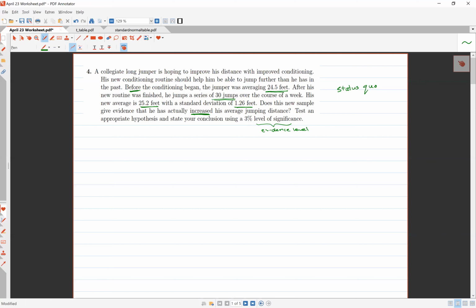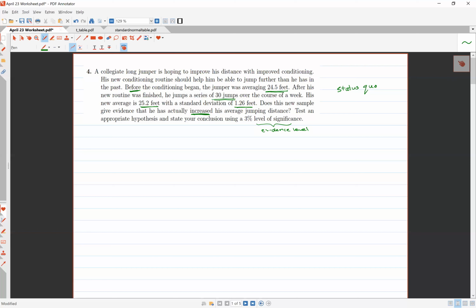For comparison, you can think of that as in a criminal trial, wanting to prove something beyond all reasonable doubt. So the evidence level you can think of as how much evidence there is for the null hypothesis. And if we say 3% level, that means if there's less than 3% evidence for the null hypothesis, we're going to reject it. If there's more than 3% evidence for the null hypothesis, we're not going to reject it.